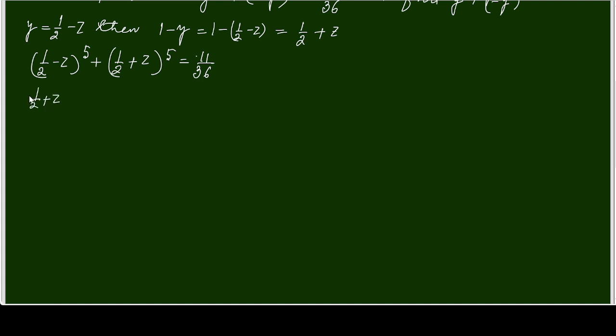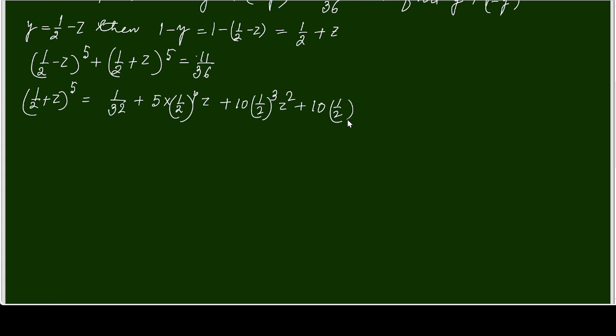(Half plus z) to the power 5 equals half to the power 5, that is 1 by 32, plus 5C1, that is 5, into 1 by 2 to the power 4 and z, plus 5C2, that is 10, half to the power 3 into z square, plus 10, half to the power 2 and z cube, then 5 into half into z to the power 4, plus z to the power 5.